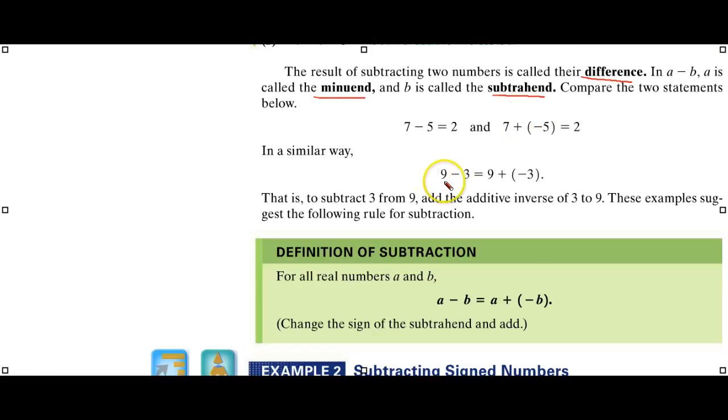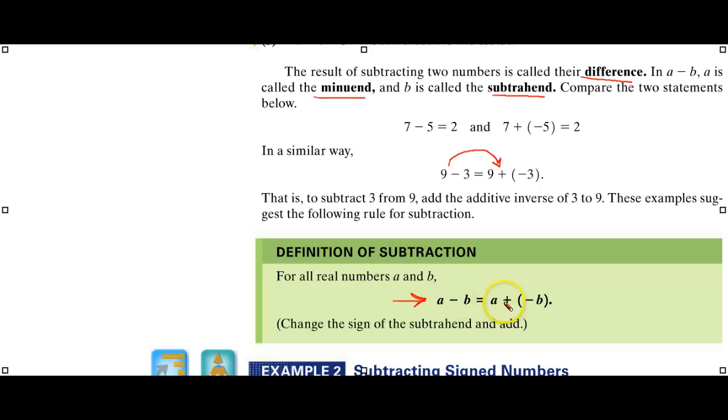So often we can change subtraction to addition by putting a plus sign and making the negative 3 in parentheses as a distinct unit. So the rule is we can always do this. That's the definition of subtraction. We can change every subtraction to an addition. So there's a subtraction.